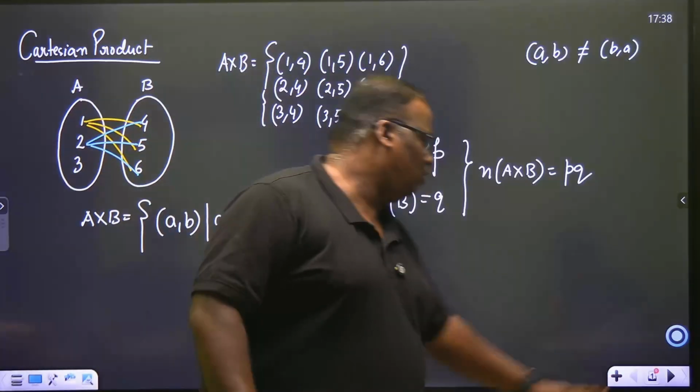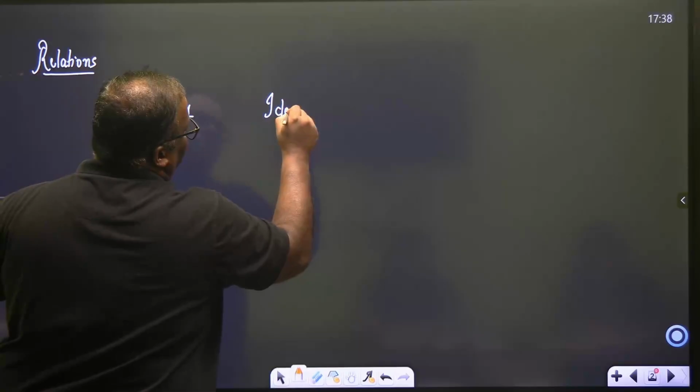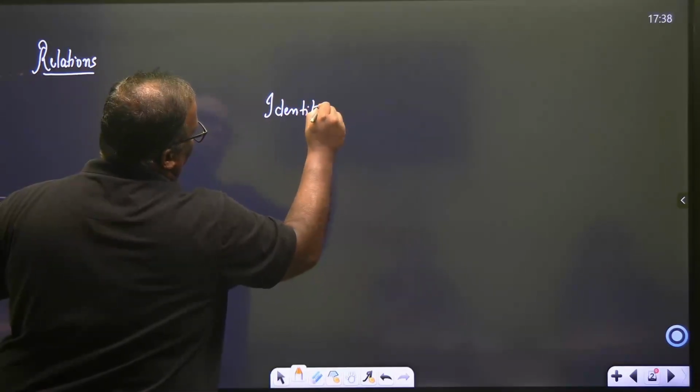So now, what do we understand when we talk about relations? We'll typically go by language. A relation always involves a minimum of two identities. Identity 1, identity 2.